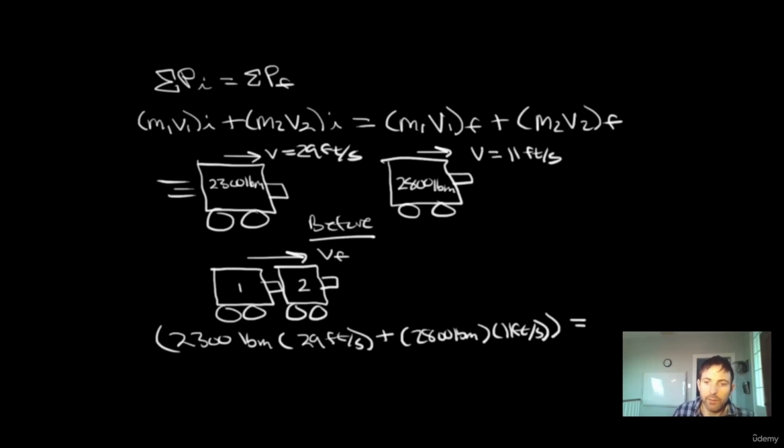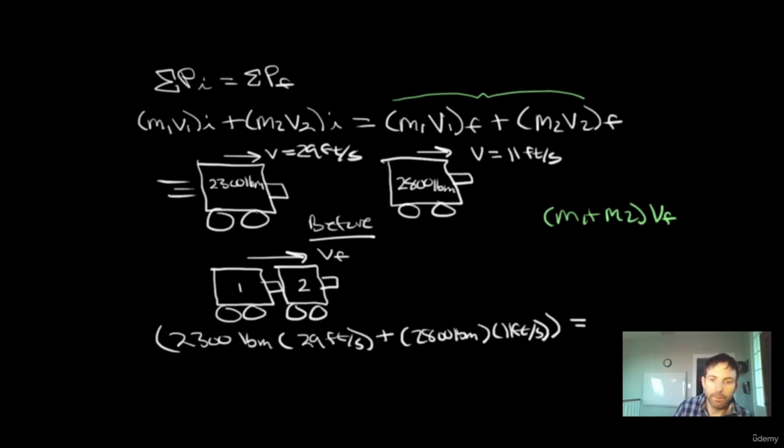So instead of writing it like this, we can now write it like this, because the same velocity is being multiplied by both masses.